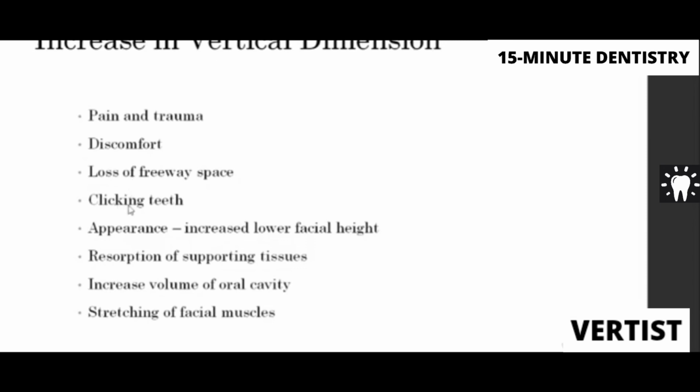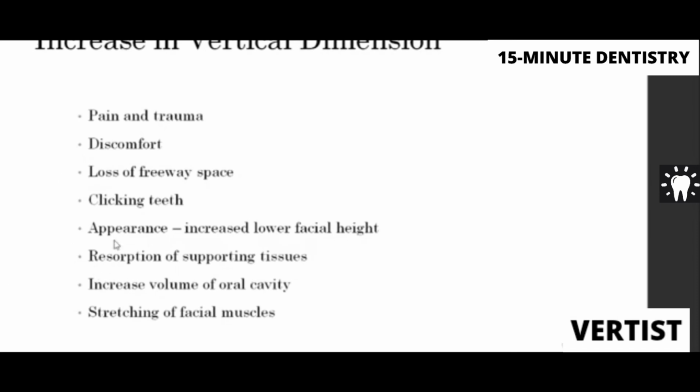There will be constant clicking of the teeth, because the teeth will always be touching during function, and that is going to cause constant noise, the teeth coming in contact always. And because the teeth are always in contact, there will be constant force or pressure on the underlying foundations, and there could be resorption of the foundation of the alveolar ridges faster than usual.